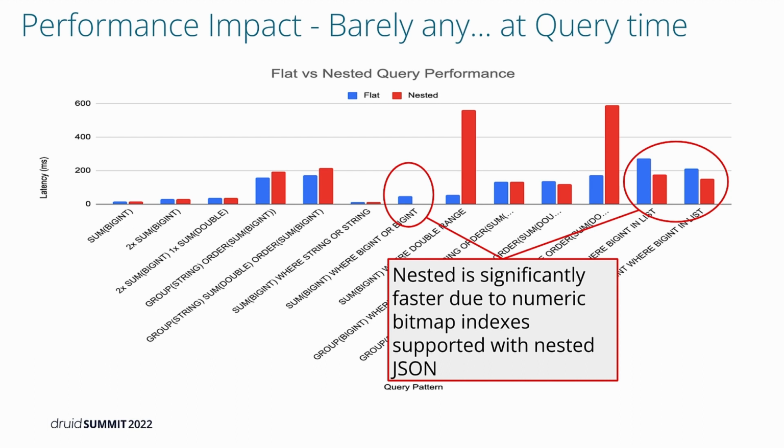That means that if you're doing equality conditions or in conditions on numeric fields, it will perform better than the flattened version, because the regular Druid columns don't yet support numeric indexes. So that's why we see this improvement. Now, that support for numeric columns in traditional, non-nested Druid columns is coming in the near future to Druid in general, so this distinction won't exist in the future.